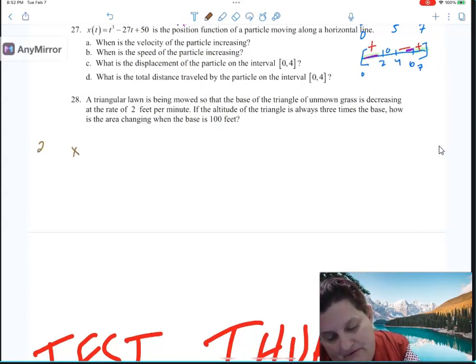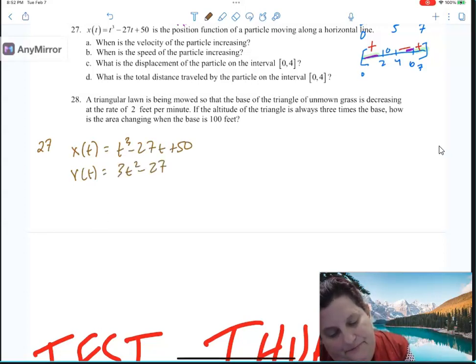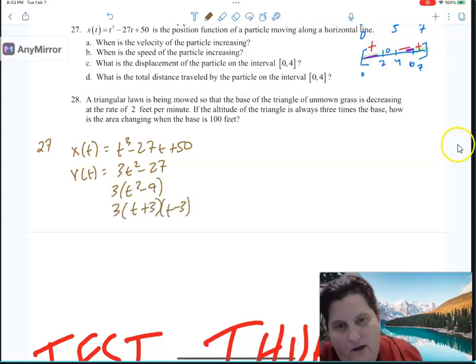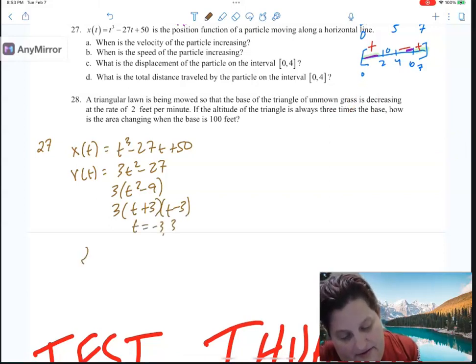Okay. For 27, velocity is 3t squared minus 27. And I can go ahead and make a sine line graph for that. Okay, and so I'm going to get t equals -3 and 3.